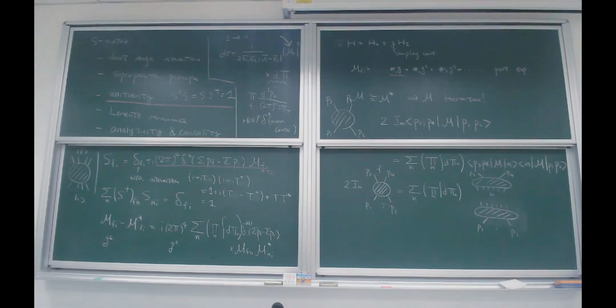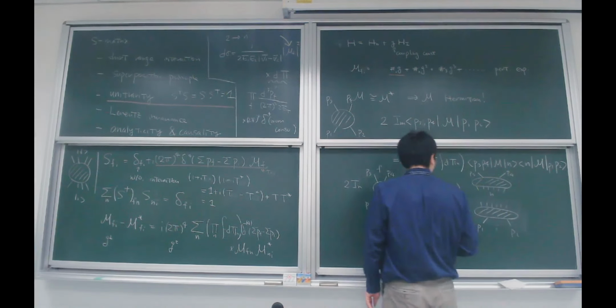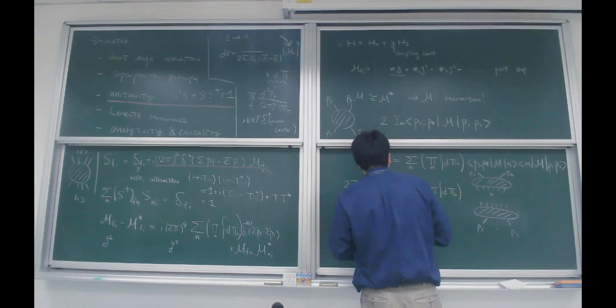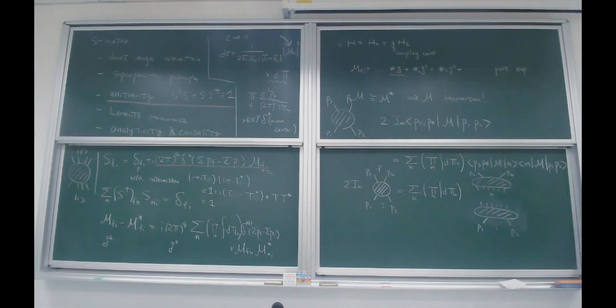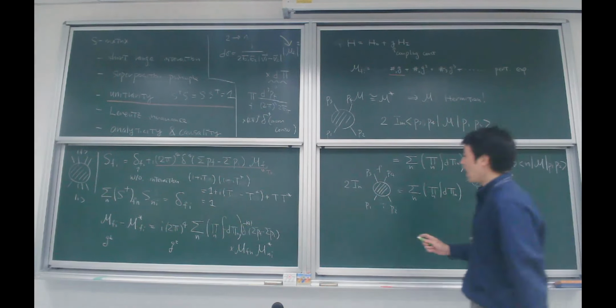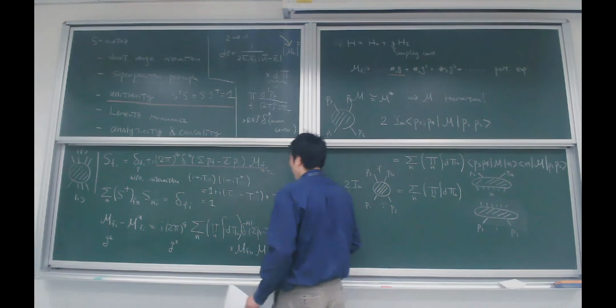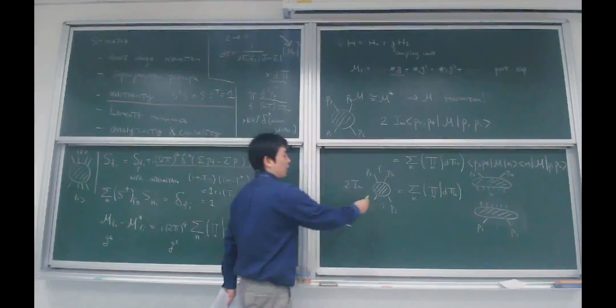So this is a schematic figure of what this equation means. And this form is called the optical theorem. Anyway, in particular, if f is equal to i, the initial state and the final state are the same, even though there is an interaction between them.